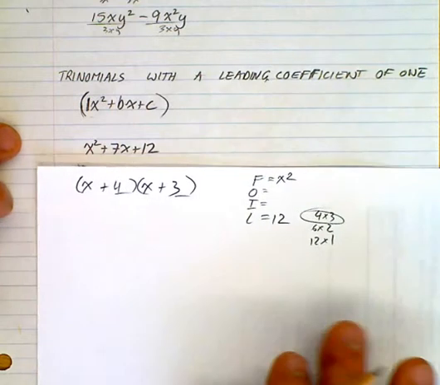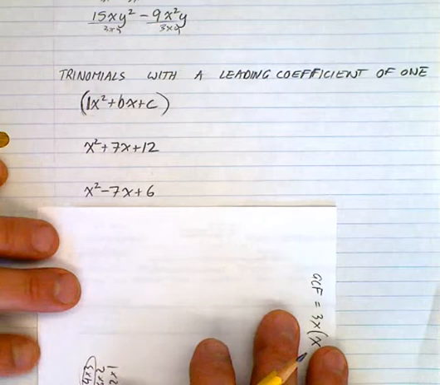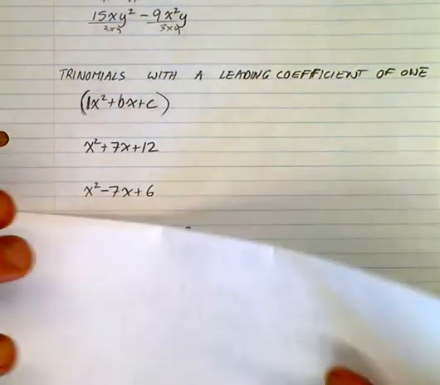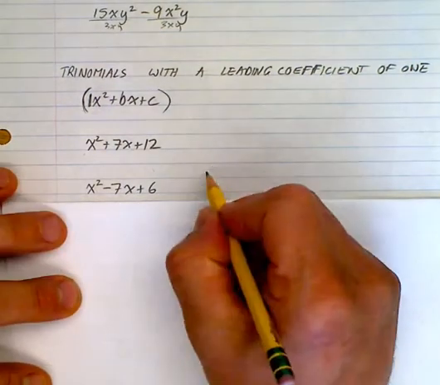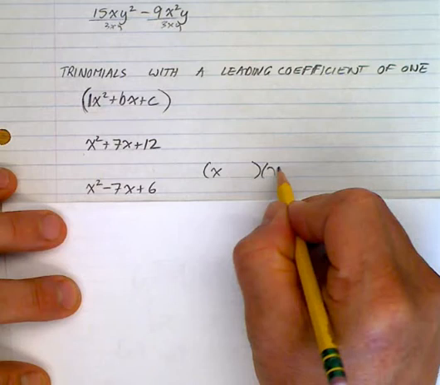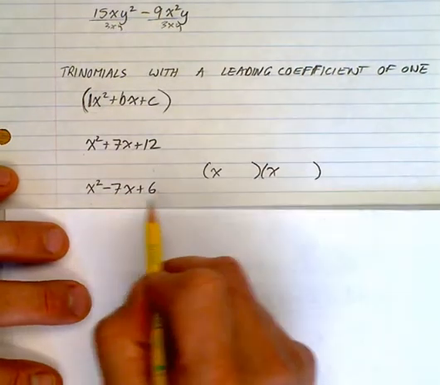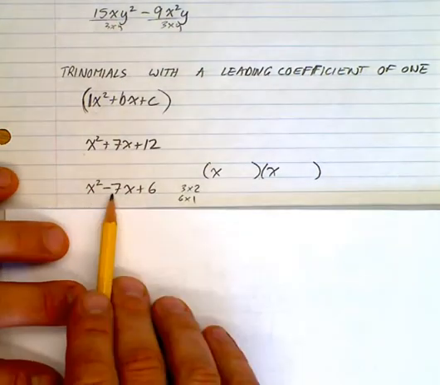Okay? If we look at the next one here, x squared minus 7x plus 6, so we'll break it down, x and x, we have the factors of 6, 3 times 2, or 6 times 1, which one of those gives you a negative 7?